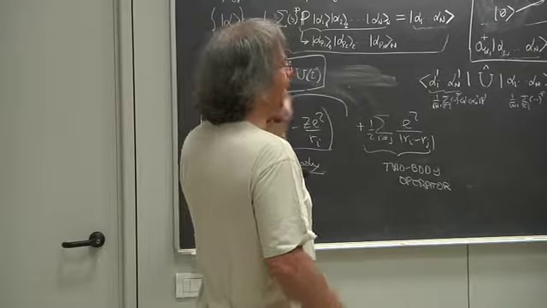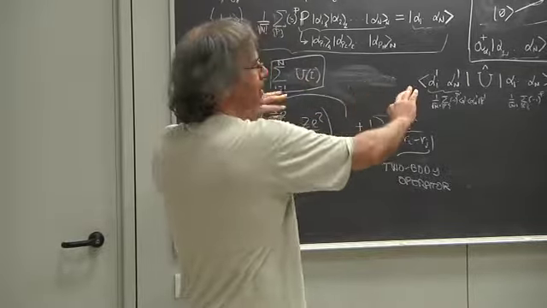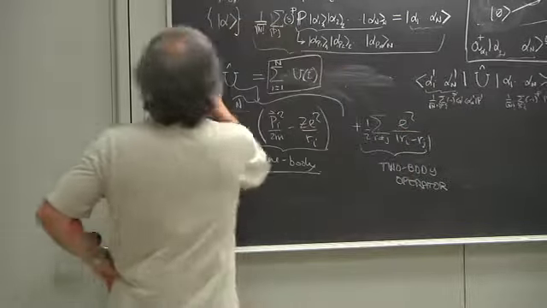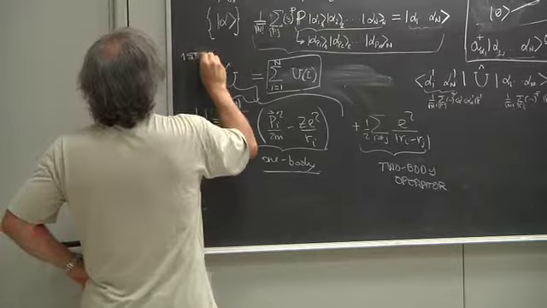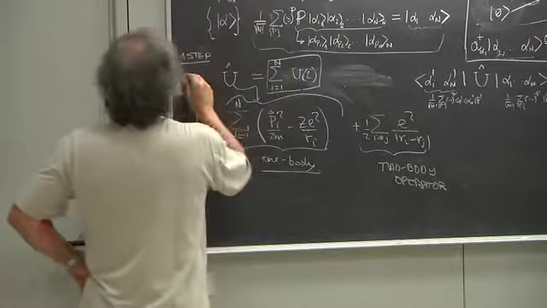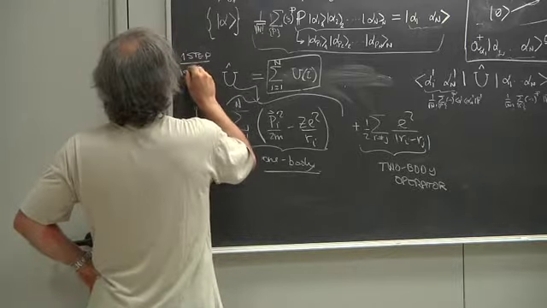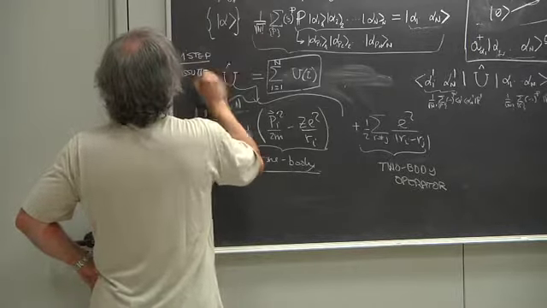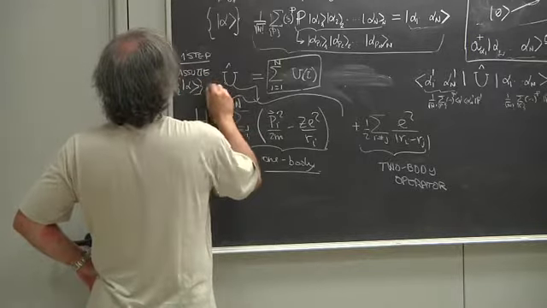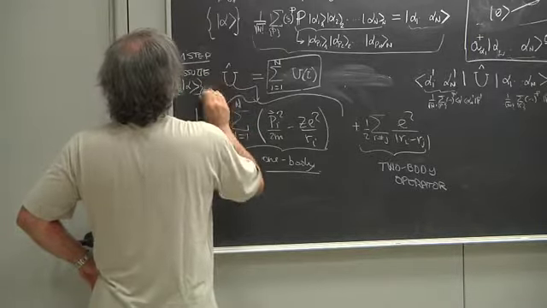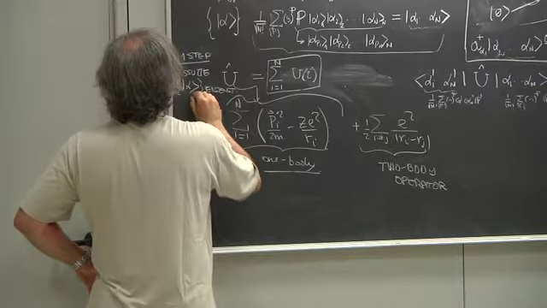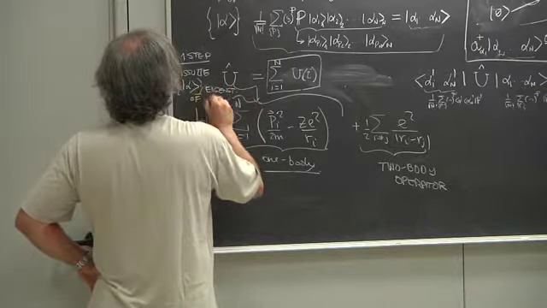Rather than tackling the general problem like that directly, let me do it in two steps. So in the first step, I assume that the basis alpha, so assume alpha to be eigenstates of U. Okay?